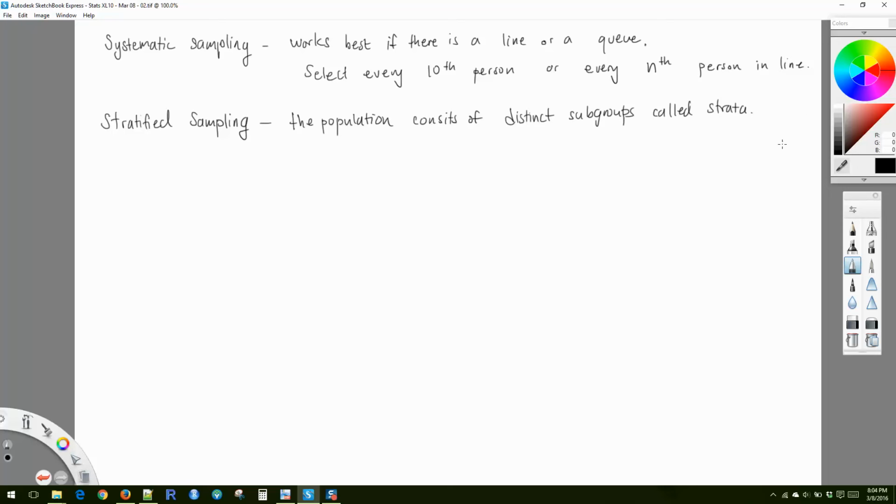Each strata has a trait that defines them. Each strata is defined by some trait.